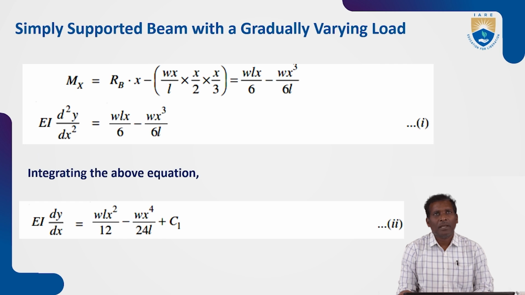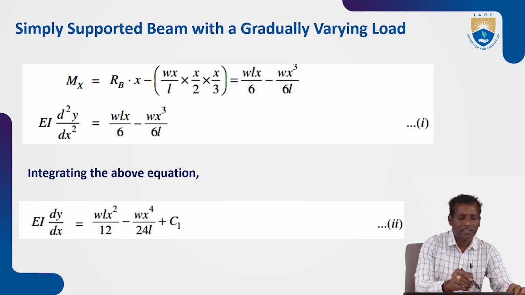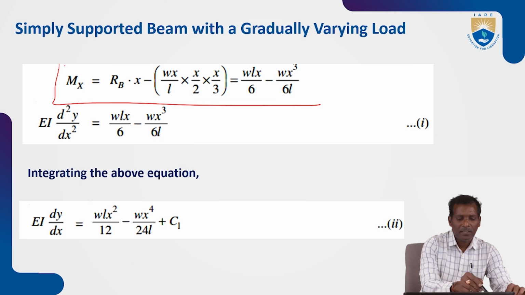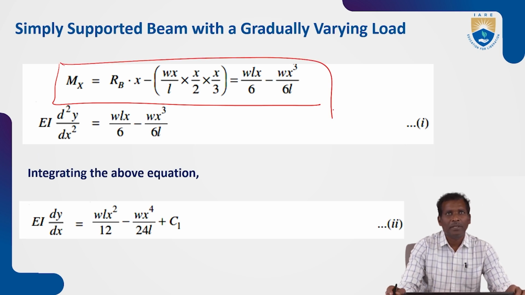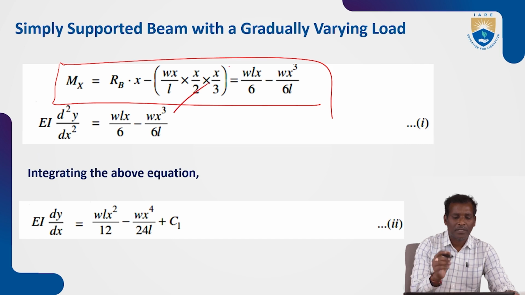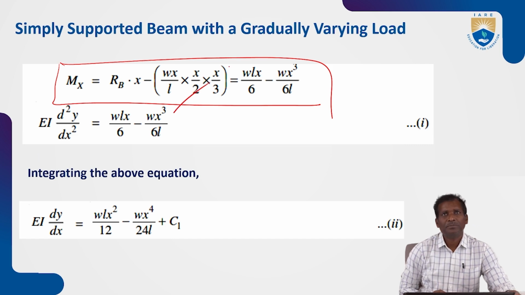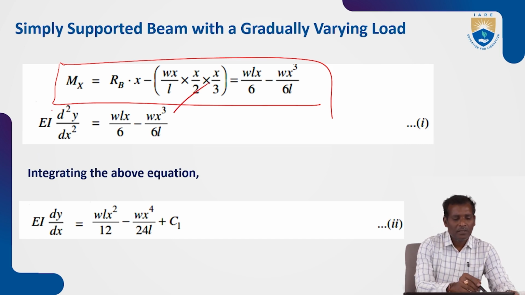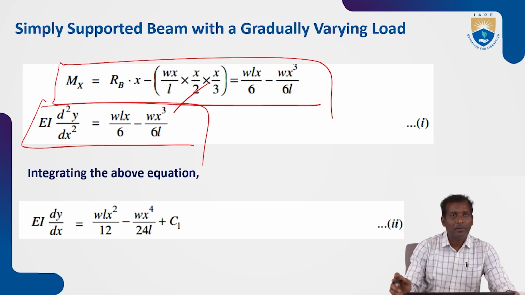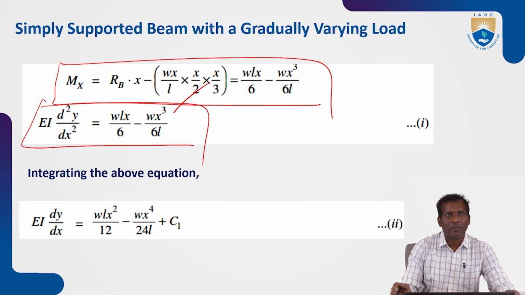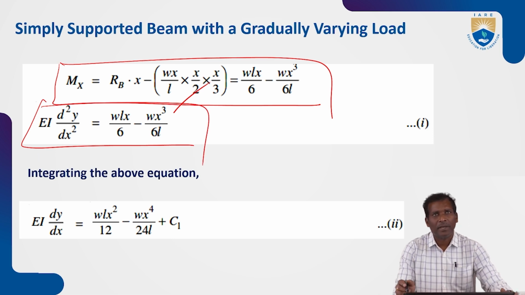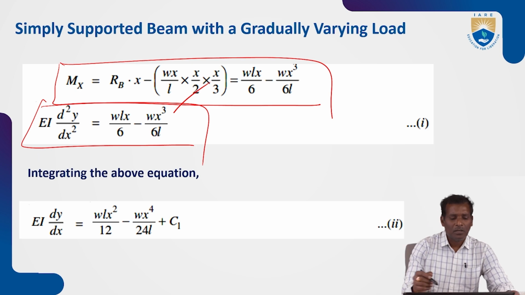Now calculate the bending moment at section X with the distance small x: RB into x minus Wx by L into x by 2 into x by 3. So finally you will get EI d square y by dx square is equal to WLx by 6 minus Wx cube by 6L.